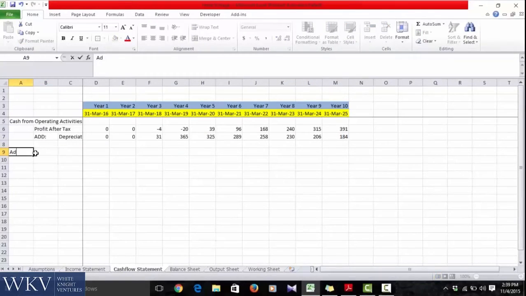Now we incorporate changes in working capital. We conduct these calculations in the working sheet.